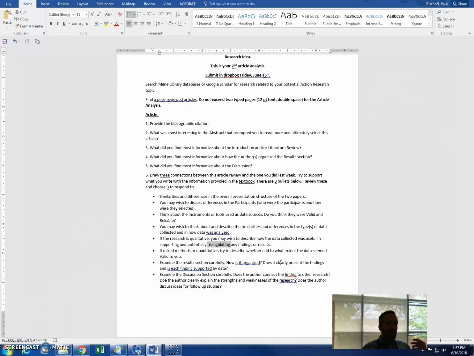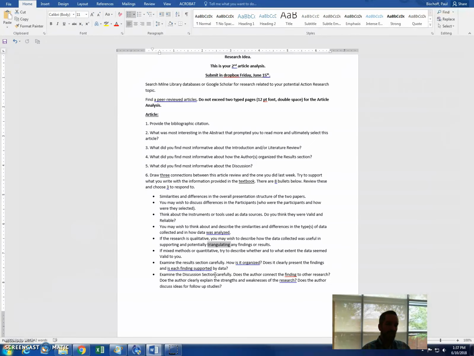So a results section of a research paper is supposed to be a very data-driven, matter-of-fact section of a research report. And the discussion section of a research paper is where an author is encouraged to essentially discuss the meaning of the results. So maybe a hypothesis was supported or not supported.